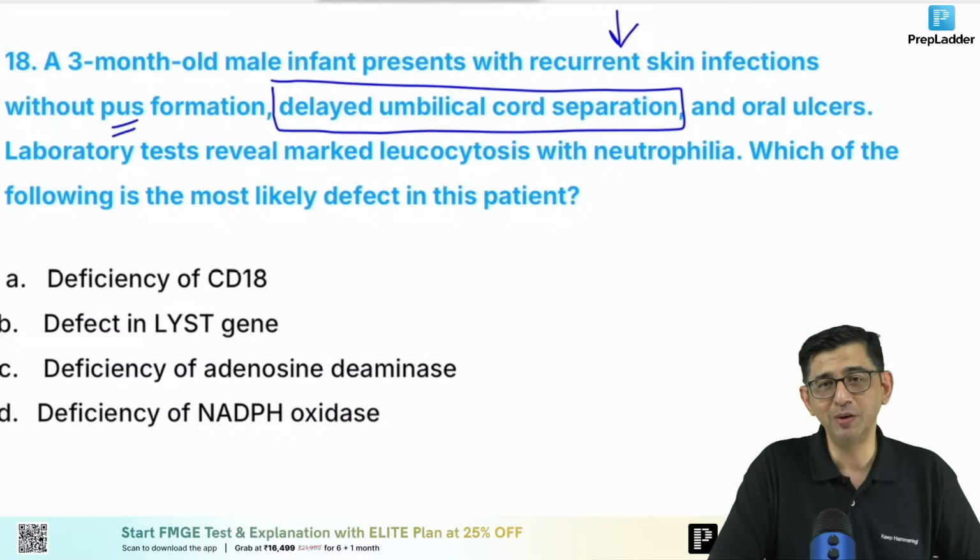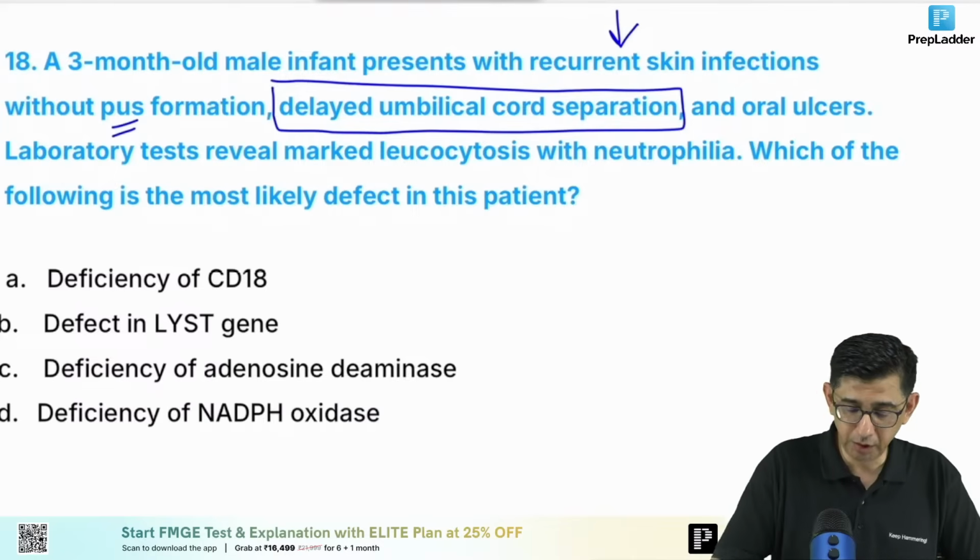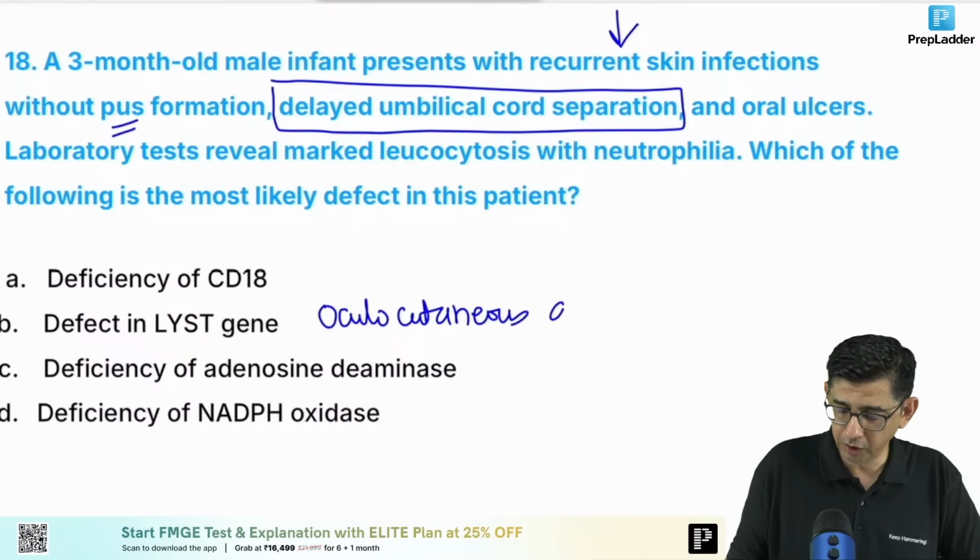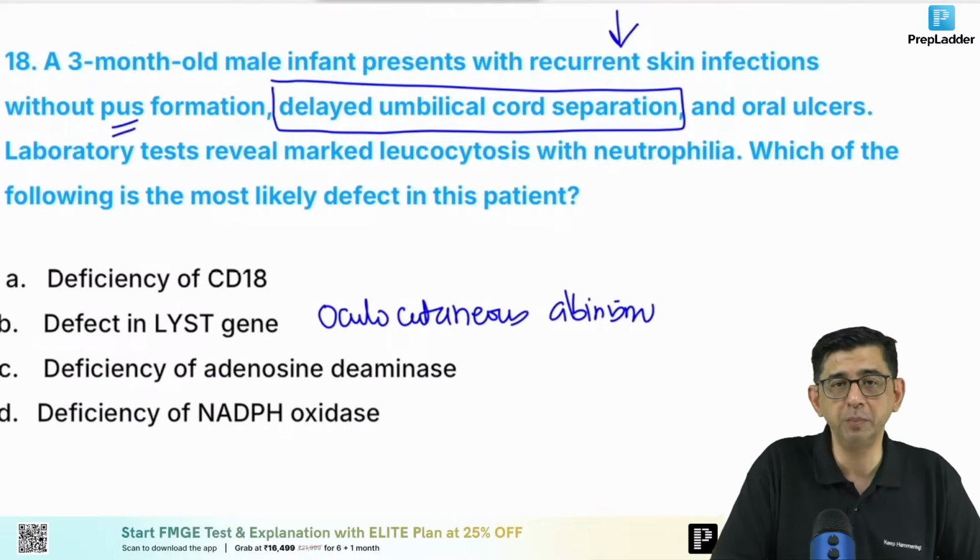Delayed umbilical cord separation is the main pickup point in this case, where there are recurrent infections that are present. And that will immediately rule out a couple of defects here. Like Chediak-Higashi, I have already told you that there will be a question mentioning oculocutaneous albinism, nothing given here, or peripheral neuropathy explaining ataxia.